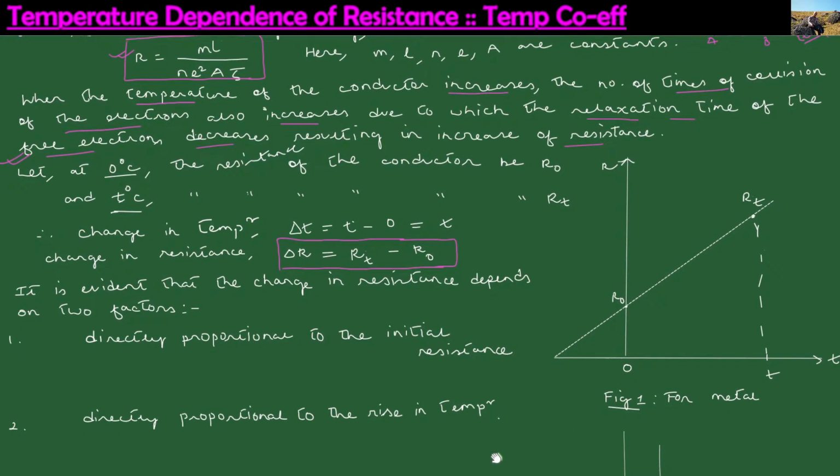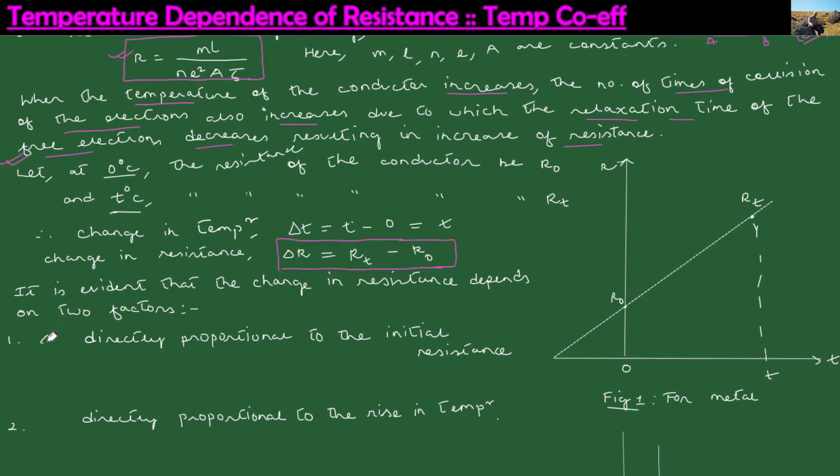Number one, this delta R, which is the change in resistance, is directly proportional to the initial resistance. What is the initial resistance? This R0 is our initial resistance.